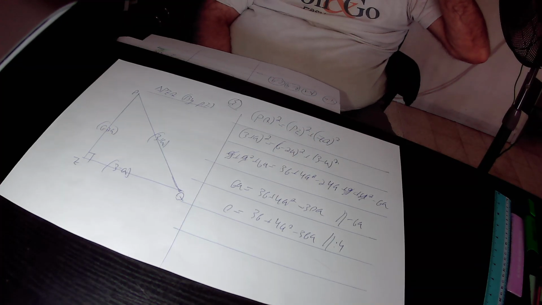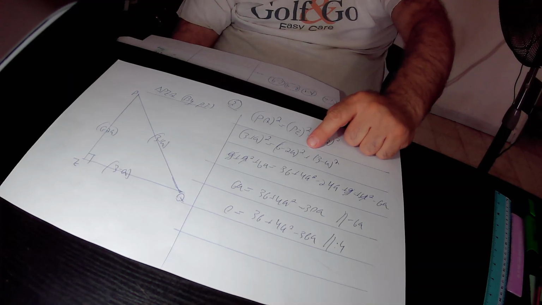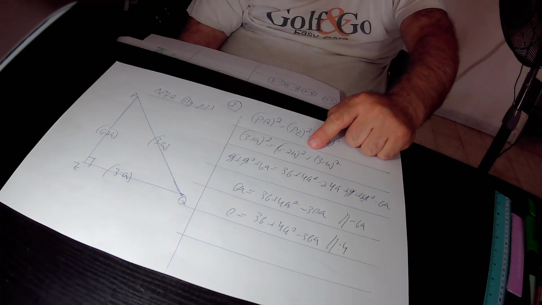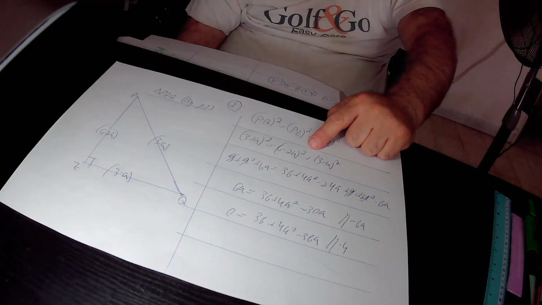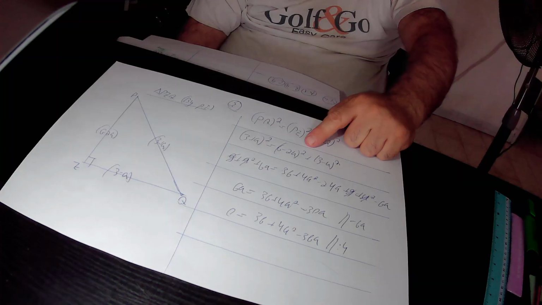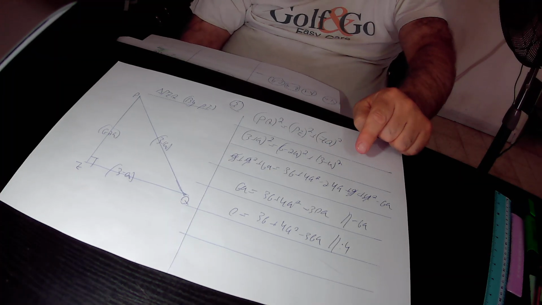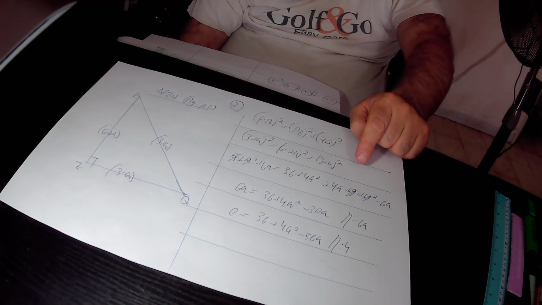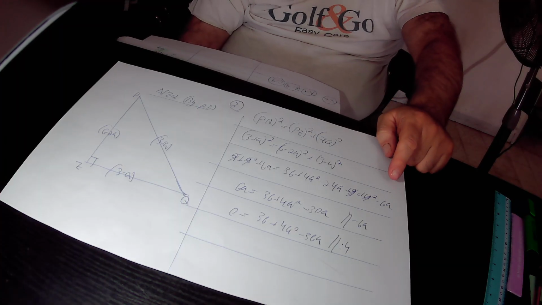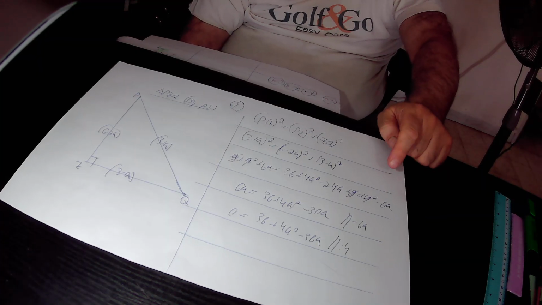And 6 minus 2A squared equals 6 squared, that is 36, plus 2A squared, that is 4A squared, minus 2 times 6, that is minus 12, times 2A, that is minus 24A. Plus 3 minus A squared, which equals 3 squared, that is 9, plus A squared, minus 2 times 3, that is minus 6, times A, is minus 6A.